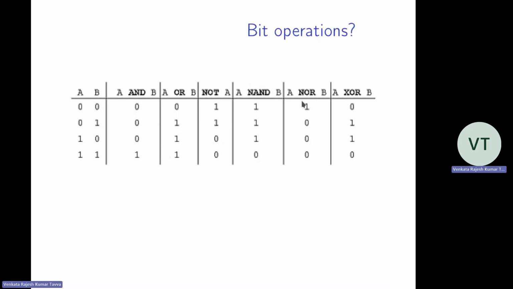NOR is again NOT of A OR B. Take the column A OR B and flip the bits. Okay. What is XOR? Exclusive OR. So what is exclusive OR? The name tells us something. What is the name telling us?